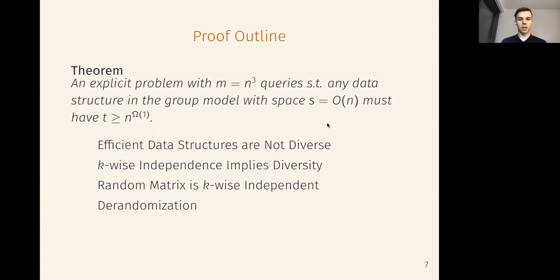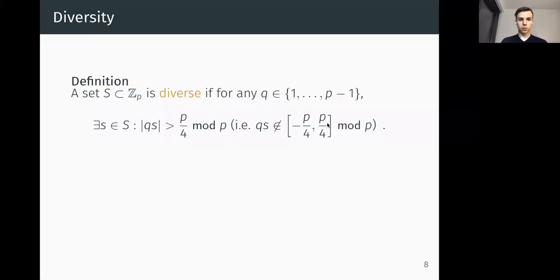Constructing a random matrix takes n m random bits, and we were able to decrease the number of bits required using derandomization techniques. And then we embed this random matrix into a range counting problem in 2 dimensions where the ranges are convex polygons. So what is diversity?